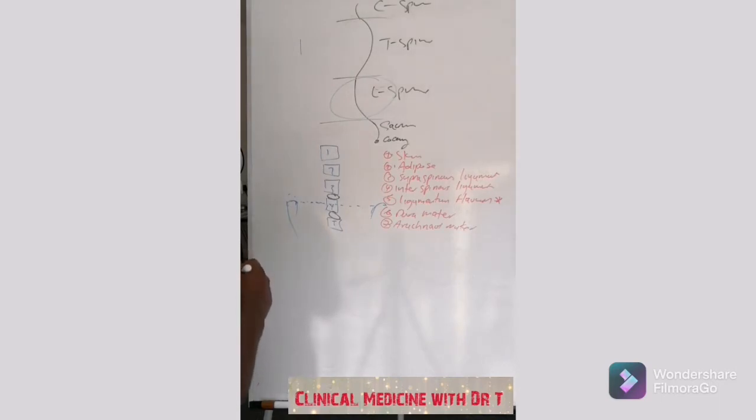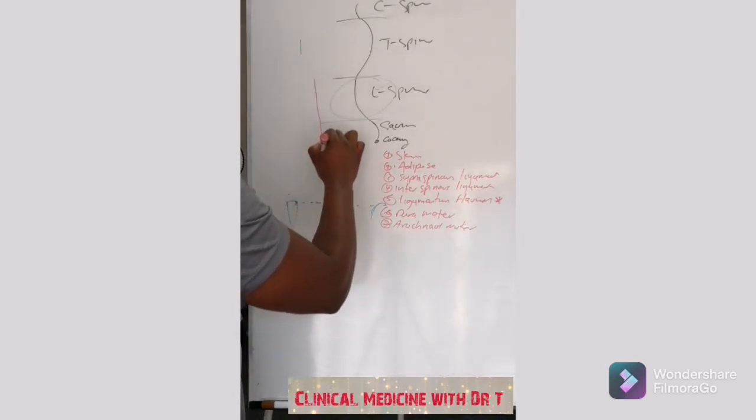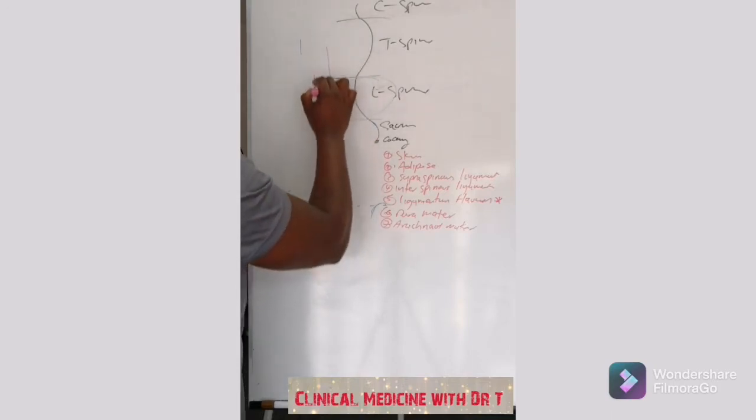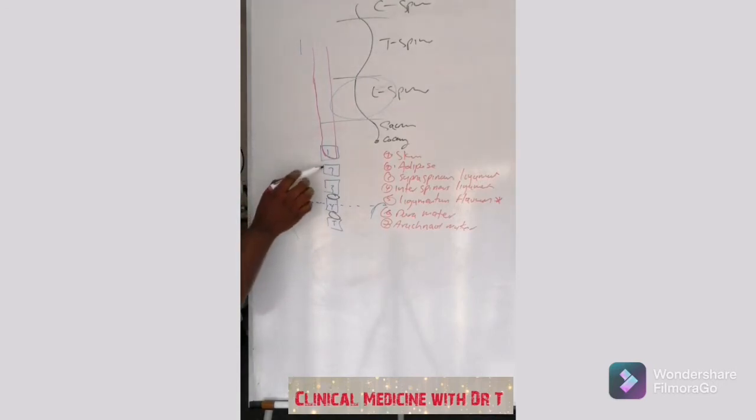So we said that the reason why we come here is because we've been taught that the spinal cord runs down up to the lower border. In other patients, it can still extend to the upper border of L2.